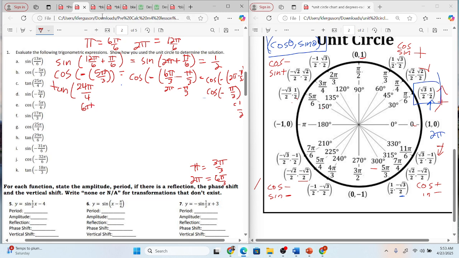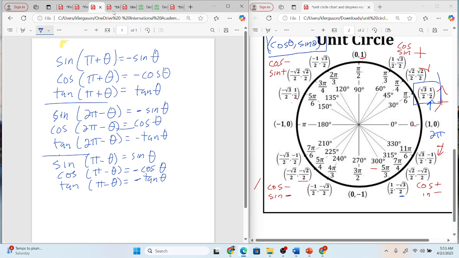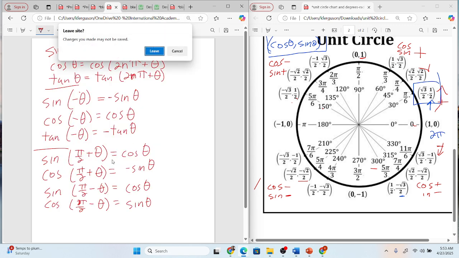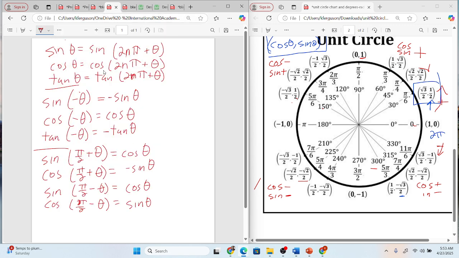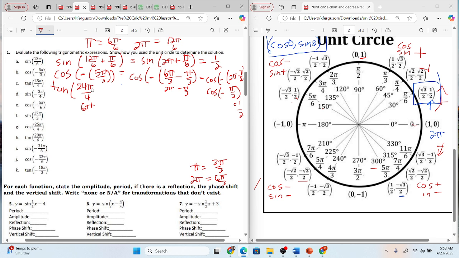Well, what did we just say about this here? Yep. So if I've got 2 times n times pi plus theta, it stays positive, same for cosine and tangent. So I've got 6 pi plus pi over 4.